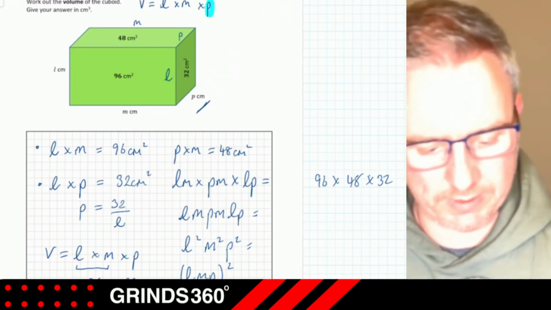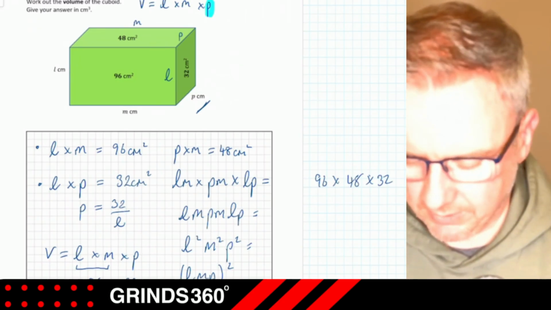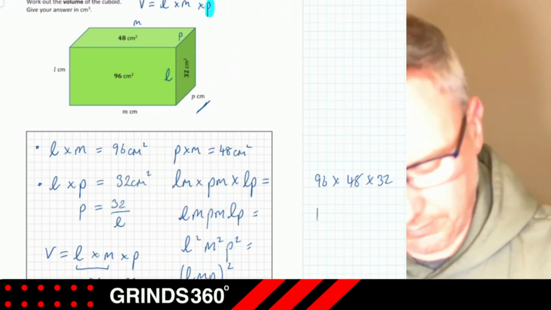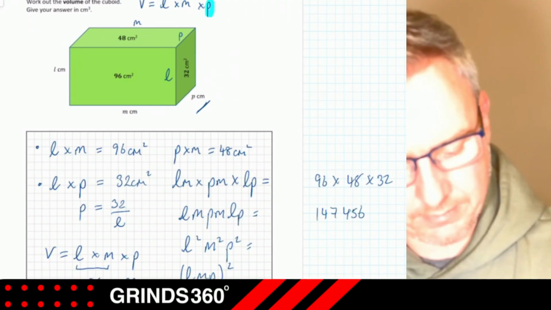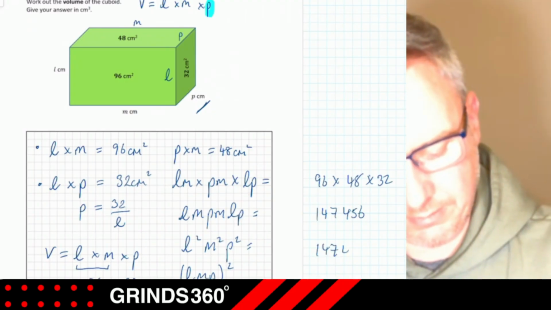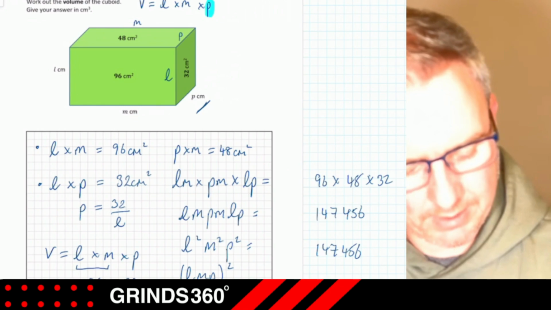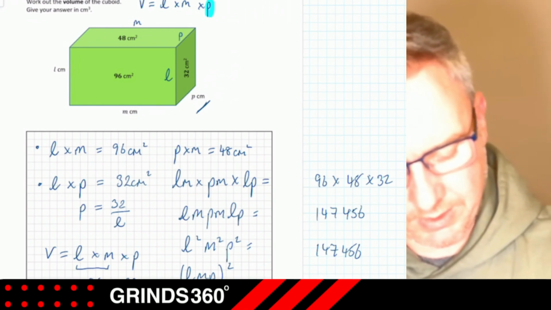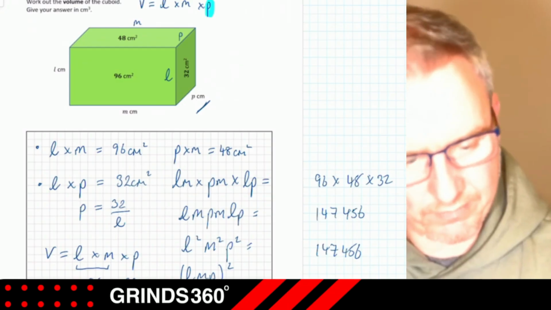And when you worked that out then, you had 96 by 48 by 32. So 147,456. And then remember, to get LMP on its own, you have to get the square root of all of that. 147,456.